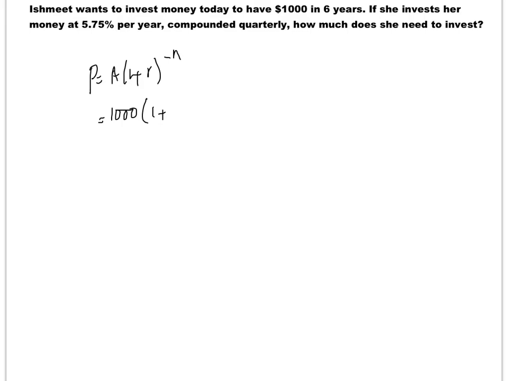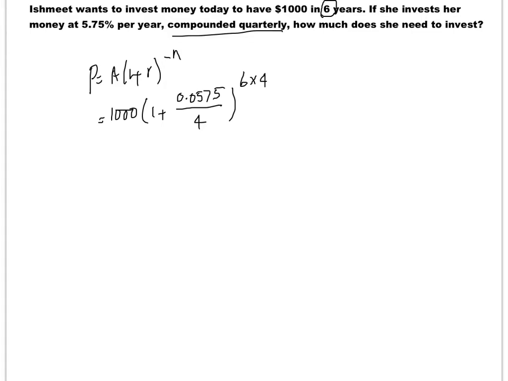So first I will change 5.75 to a decimal, which is 0.0575. I have to divide it by 4 because the compounding is quarterly, and she wants to have it in 6 years, so you multiply 6 by 4 because there are 4 quarters a year.